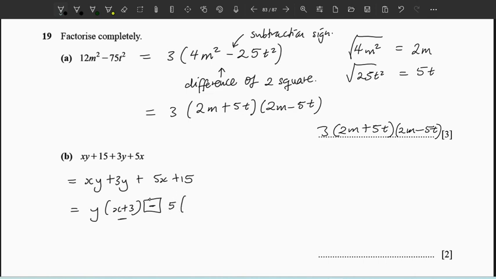You pull everything that's common, then automatically we're going to repeat the same bracket, x plus 3. Now if you try to expand minus 5 times x, you're getting minus 5x, which means this sign has to be positive there. It's very key. Then we are going to create a bracket using these 2 terms. So this means our final answer is y plus 5 and then x plus 3.